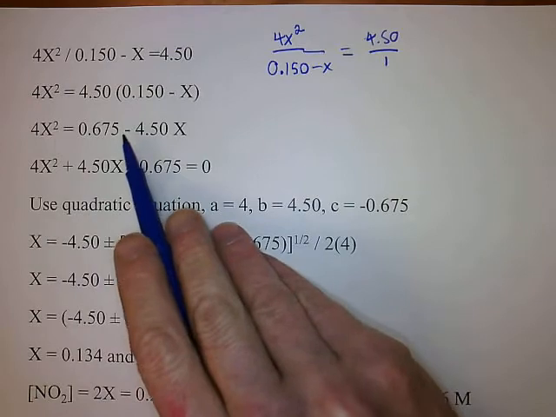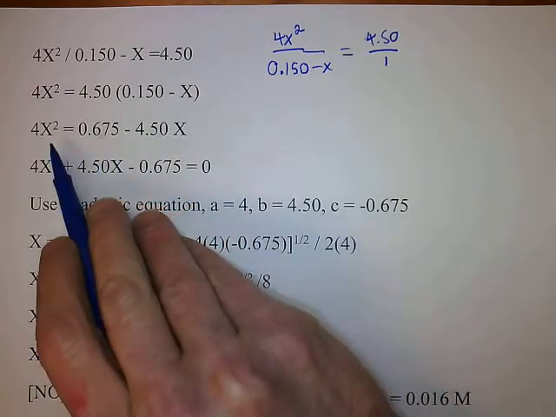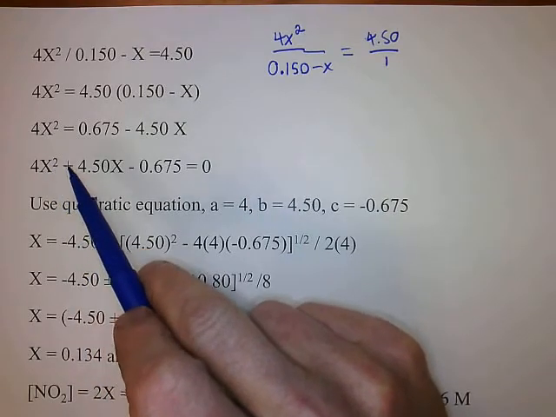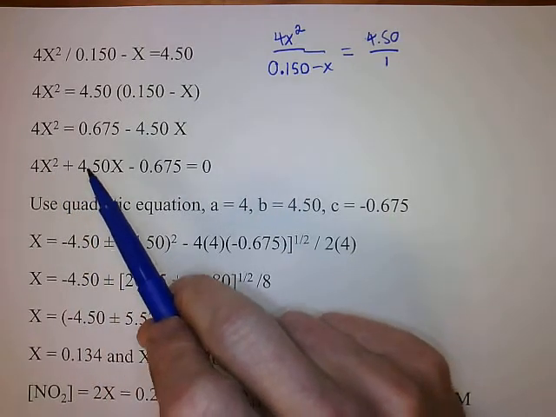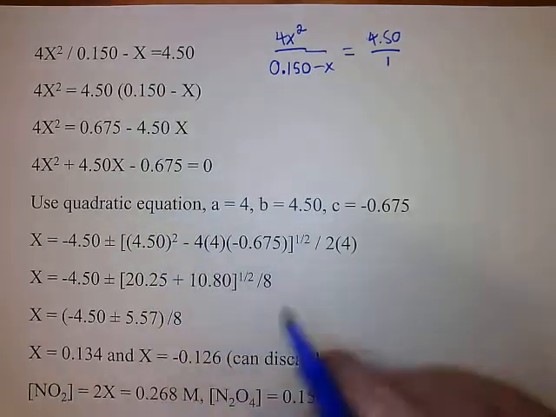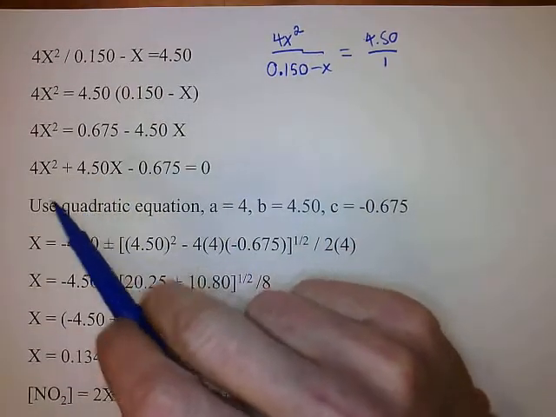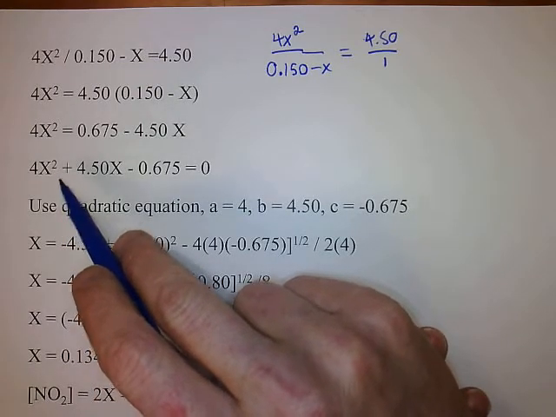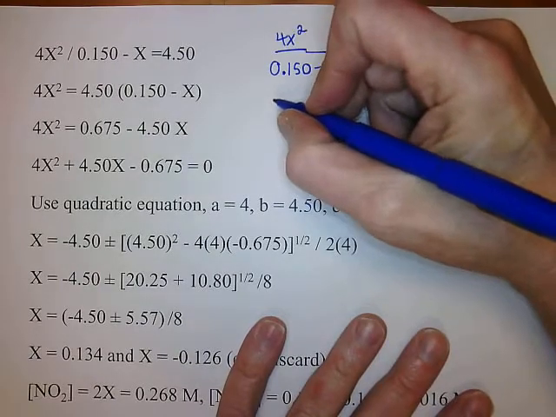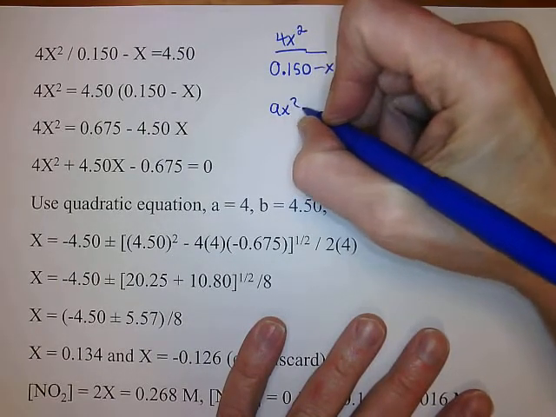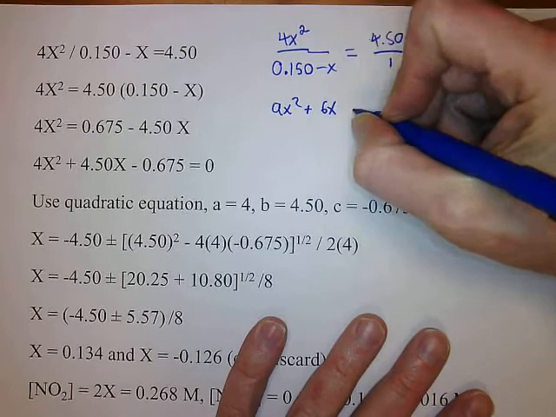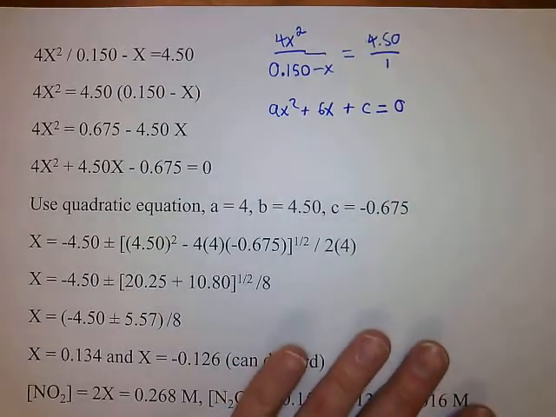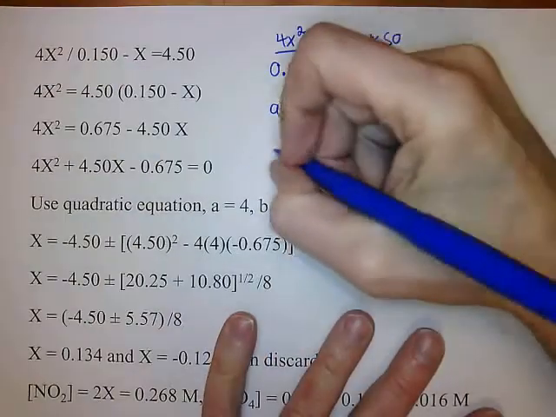And then I rearranged this and moved the x and the 0.675 over to the other side so that we have 4x squared plus 4.50x minus 0.675 is equal to 0, right? And you probably know why I did that. I basically rearranged it into the form ax squared plus bx plus c is equal to 0, so that we can use the quadratic formula.